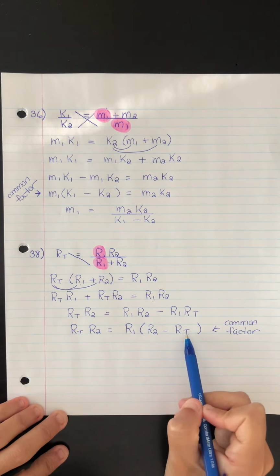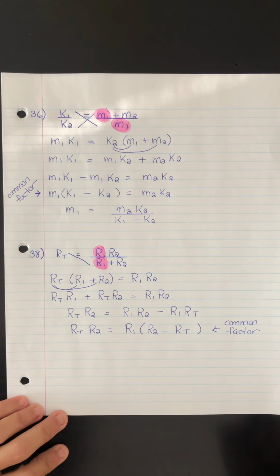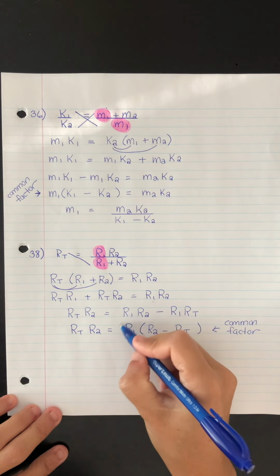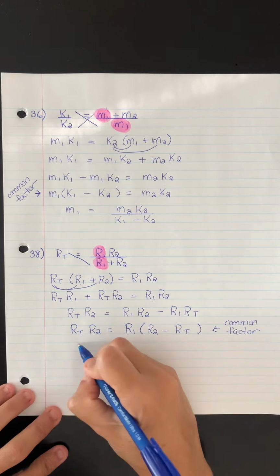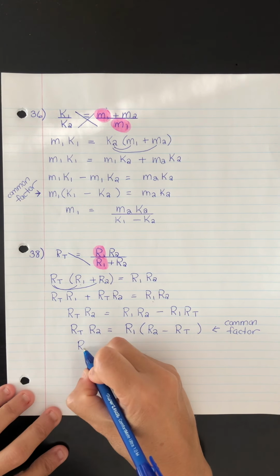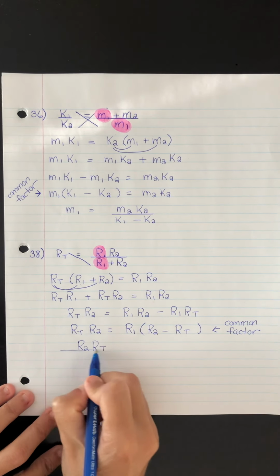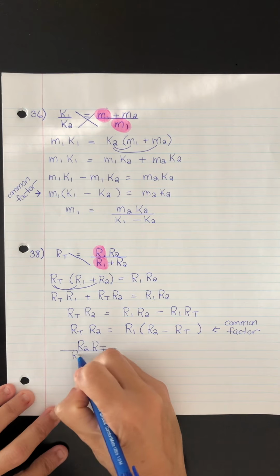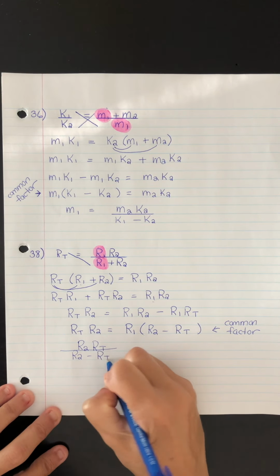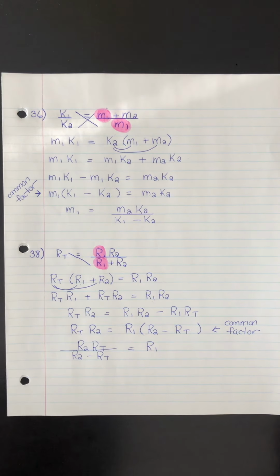If you were to open the bracket up, you must get this back. Okay, last step, get R1 by itself, so divide by the binomial. So RT, R2, or R2, RT, whatever order you like, that doesn't matter. And underneath will be R2 minus RT. And there is our formula for R1.